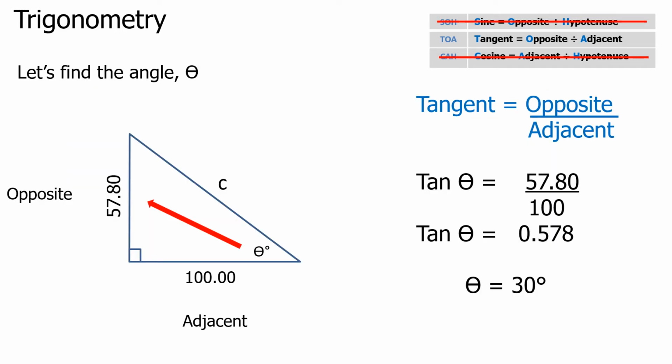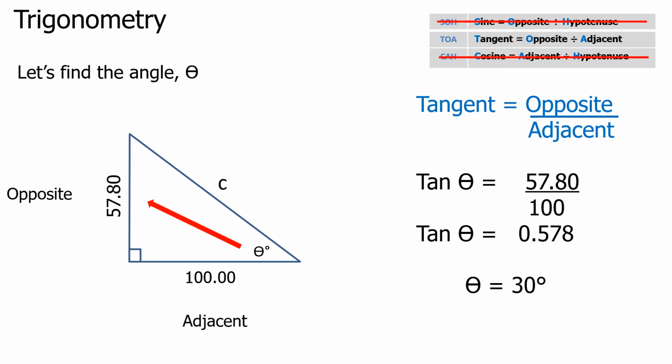In this example, we've got two lengths, but we need to find the angle. There's an opposite and adjacent side involved, so we're going to use tangent, which is opposite over adjacent. Let's populate our formula. So tan theta, which is the Greek letter used for the angle, equals 57.8 divided by 100.